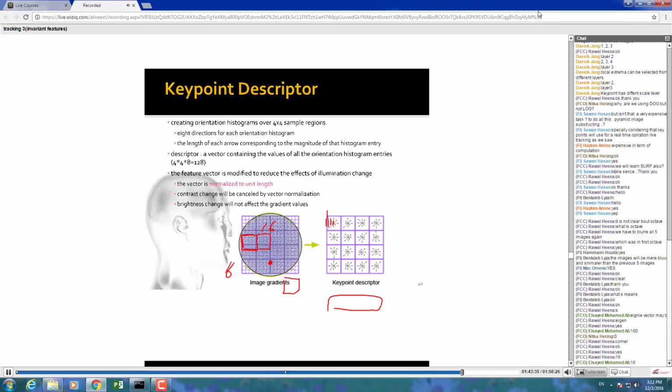Here the histogram means we divide the angle into several bins of the histogram, so we can have this kind of histogram. On the right side, the key point descriptor here is representing the histogram. So every cell, every 4 by 4 cell, includes this kind of histogram.